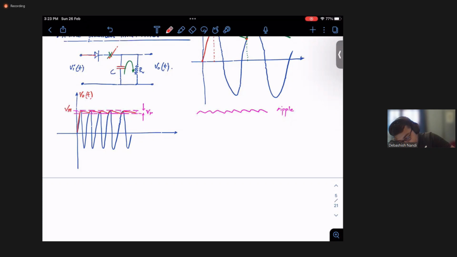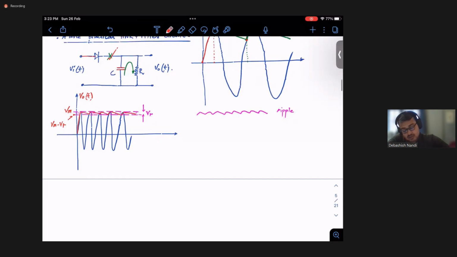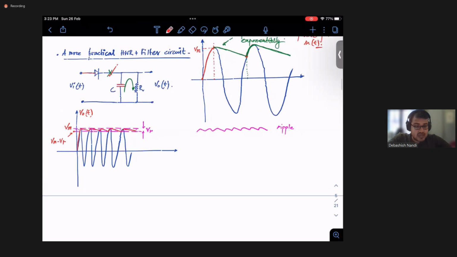This is your Vm, and this value is Vm minus Vr, right? So we have to make sure that this ripple voltage is very small compared to the peak voltage of the input signal, right? So how can we achieve that?